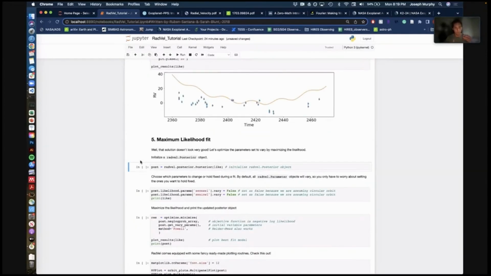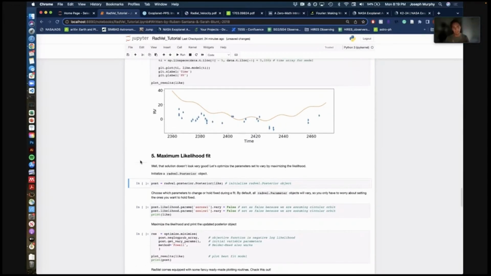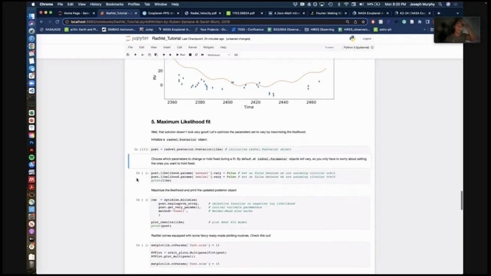So we're going to generate this RADVEL object called a posterior object, and we're going to send it essentially our likelihood object. If you're familiar with Bayesian statistics, RADVEL is all built in a Bayesian framework. So we defined what our model should be, we defined our likelihood function, some priors, and now we're going to condition our model on the observed data.